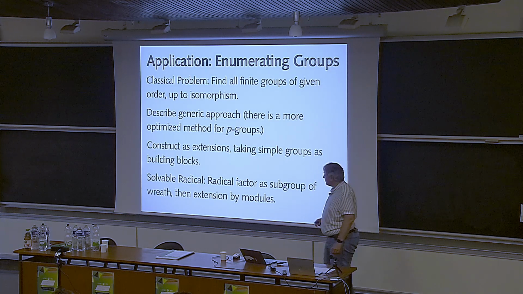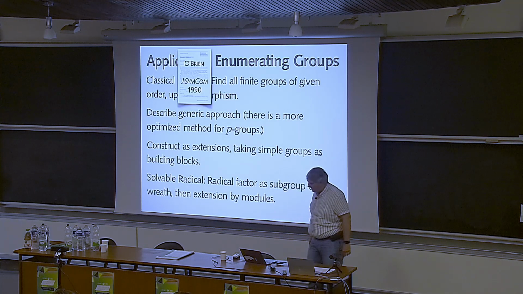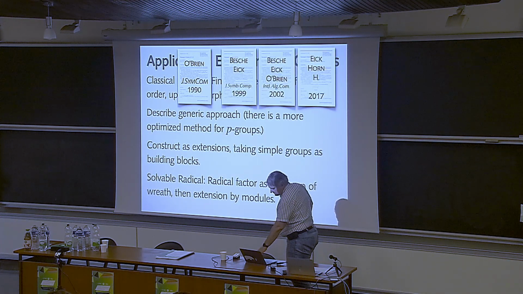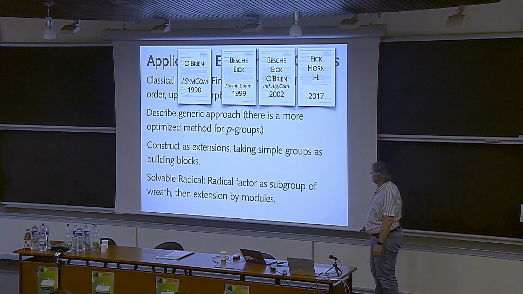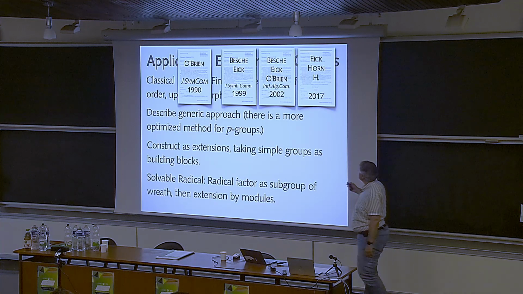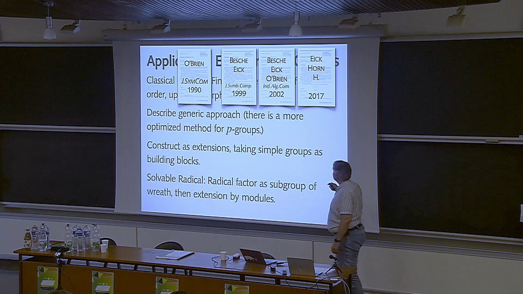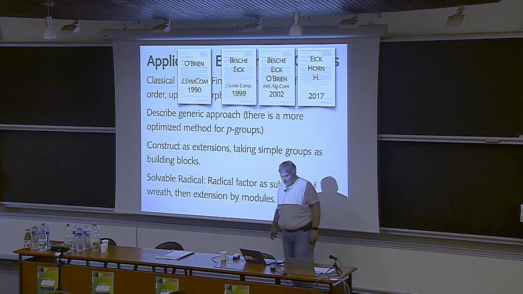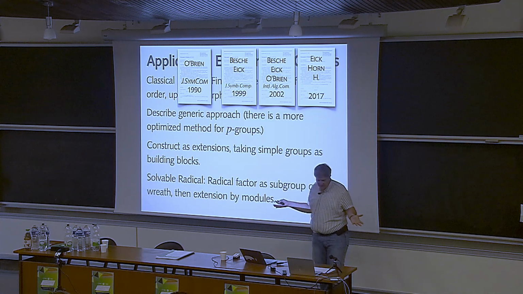There is a more optimized method for p-groups, which is the p-group generation algorithm. This general method here is basically the same as has been used for solvable groups in the work of Bettina Eick and O'Brien. There is a more recent paper of Bettina, Max Horn, and myself where we extend this a little bit. The idea is we construct groups as extensions.